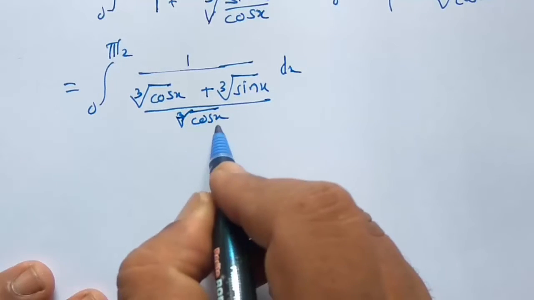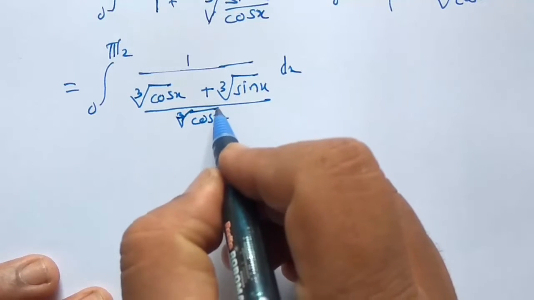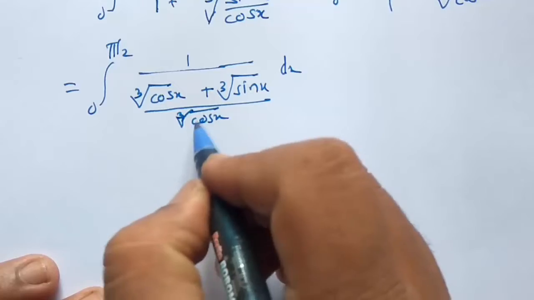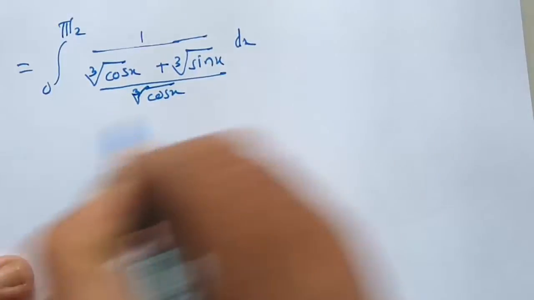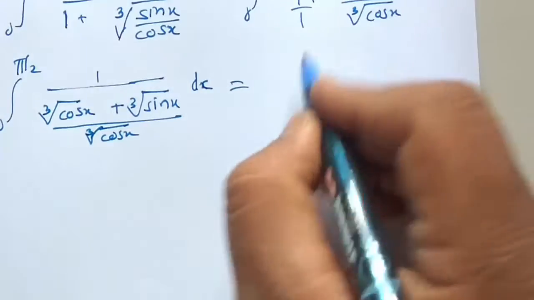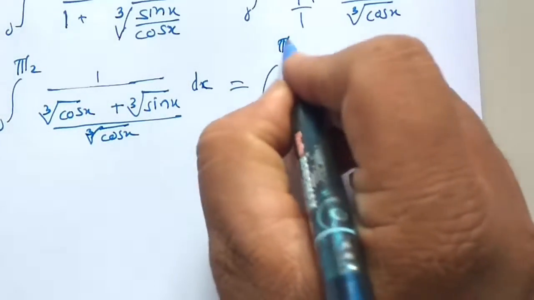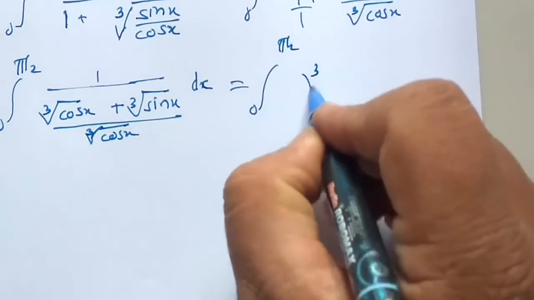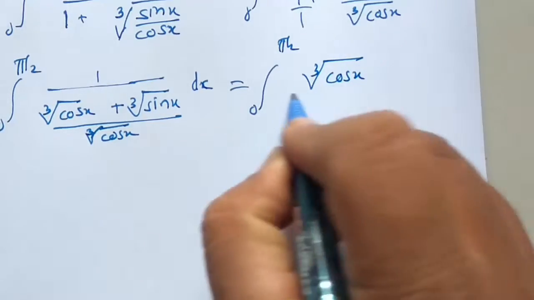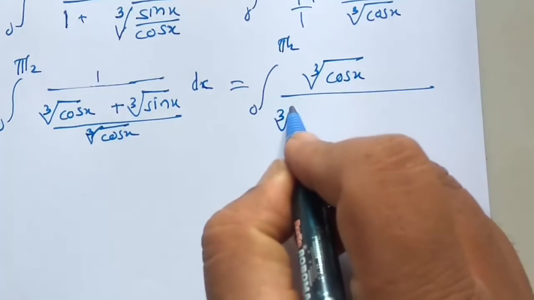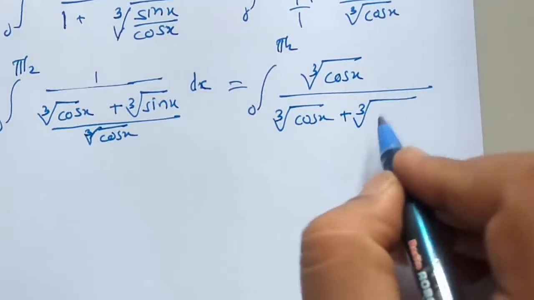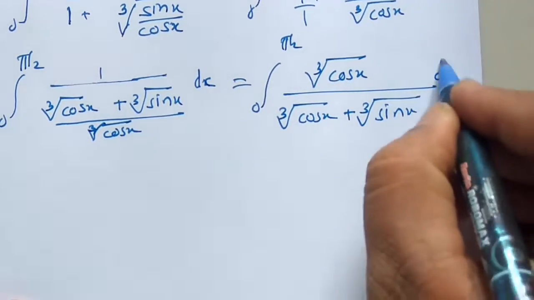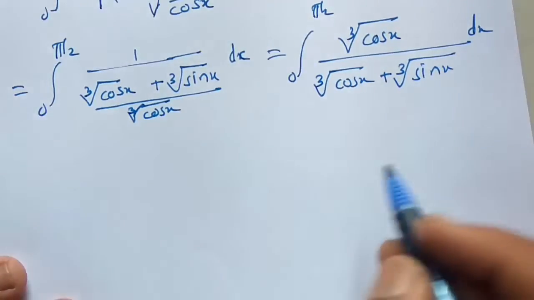Now cube root of cos x is in the denominator of the denominator, so it becomes the numerator. So this is equal to the integral from 0 to pi by 2 of cube root of cos x upon cube root of cos x plus cube root of sin x dx. Now this is equal to I.